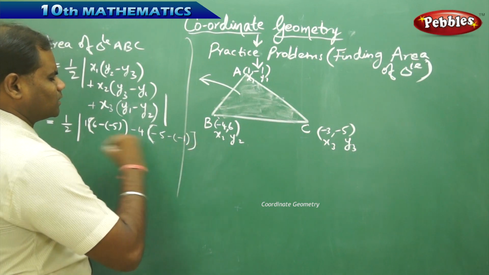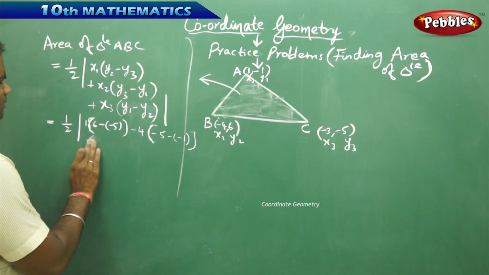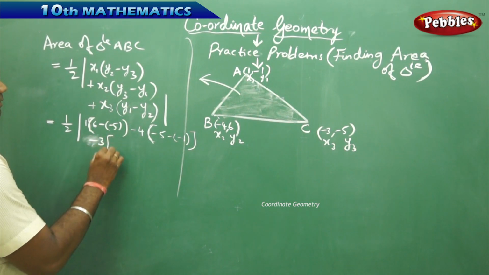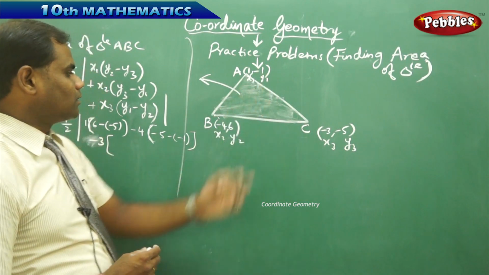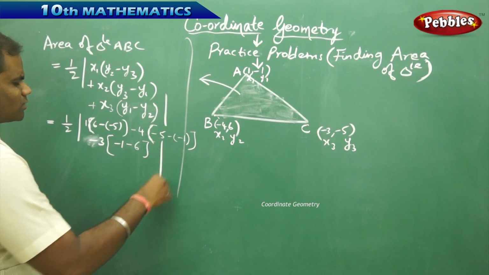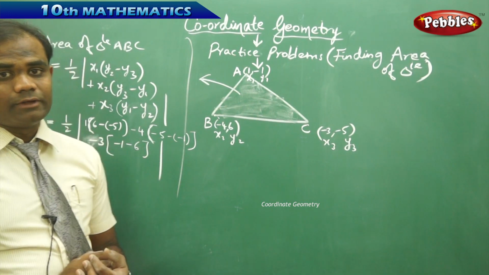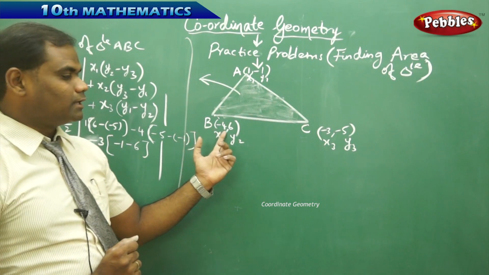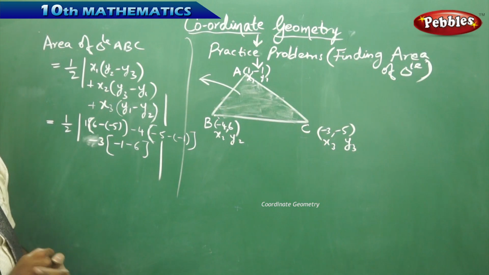Similarly, my x3, which is -3, times y1 minus y2. Now we should be very careful when we substitute, because negative values have to be carefully taken care of when the substitution is done.